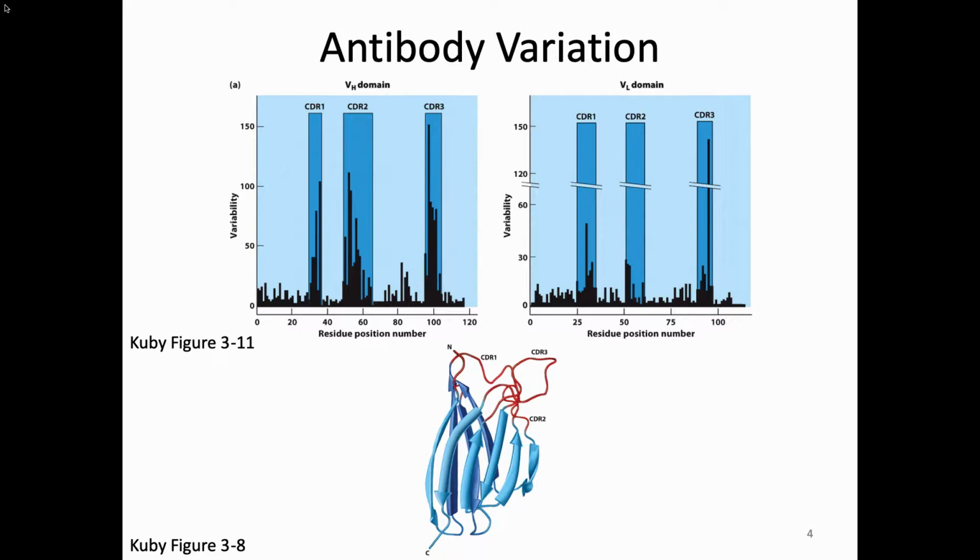And so sometimes we also refer to them as the complementarity determining regions, or CDRs. Sometimes we'll see them listed as CDR1, CDR2, and CDR3. They're the 3 little loops, 3 little fingers, that are going out and touching the antigen and indicating which antigen that antibody is complementary for.